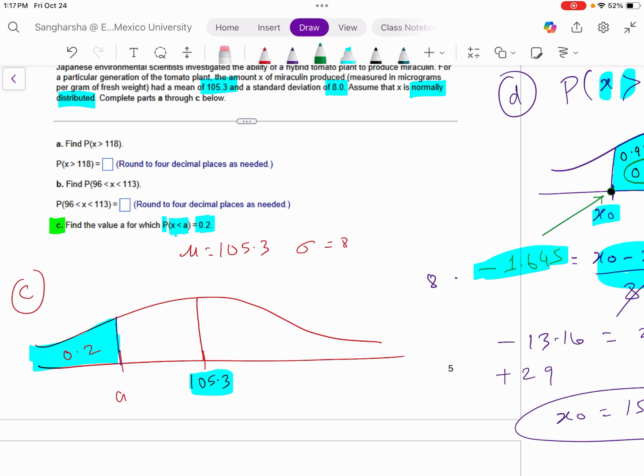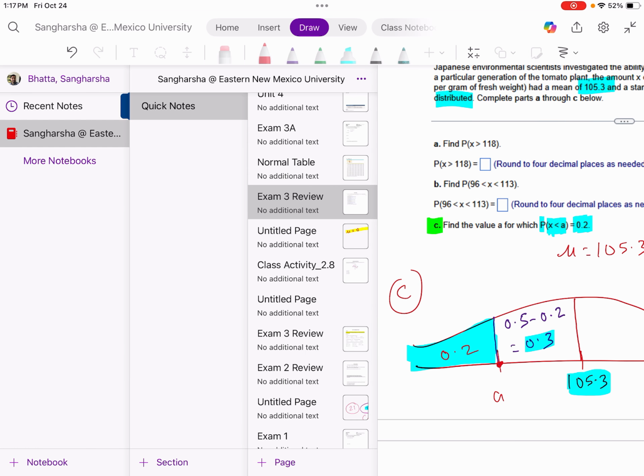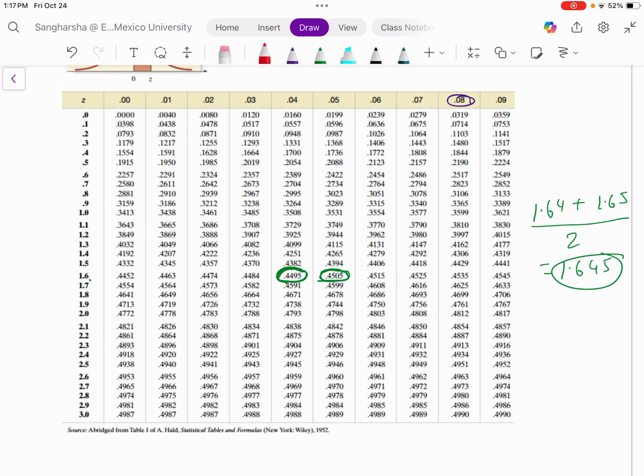The total area on the left of 105.3 is 0.5. So this area is 0.5 minus 0.2, which is 0.3. Now we use the G table, look for a number close to 0.3, and that will give us the G for this point. So let's look at 0.3.